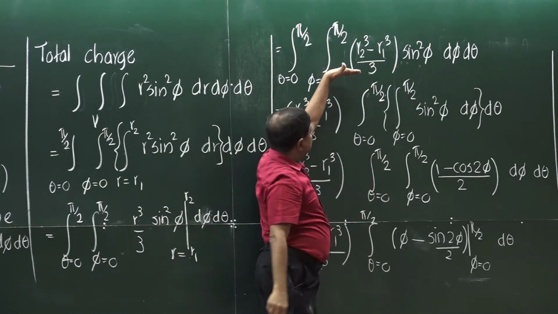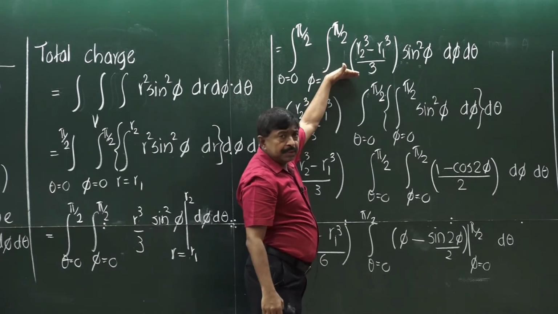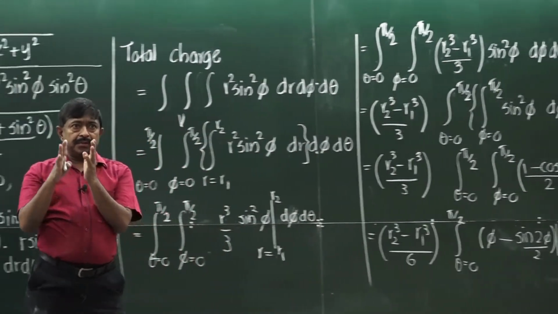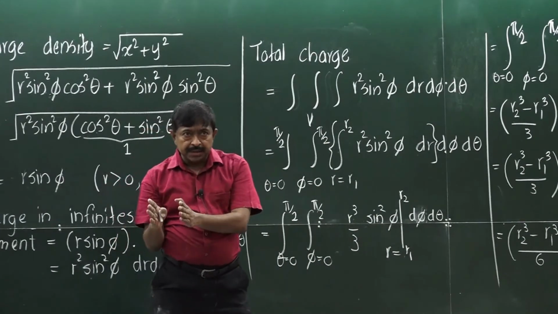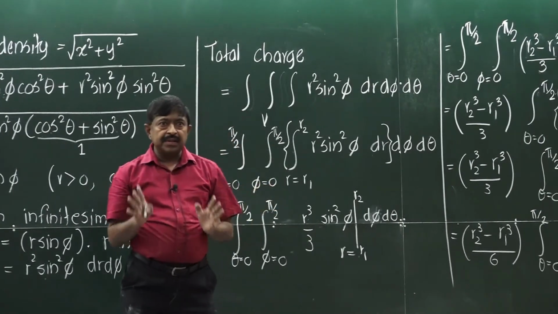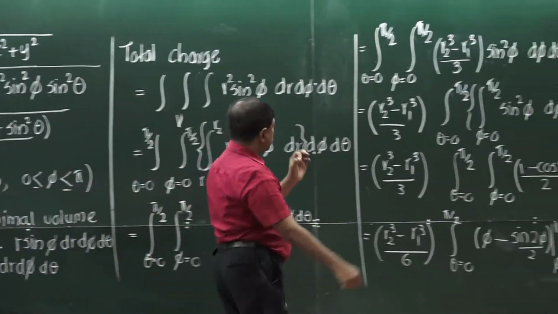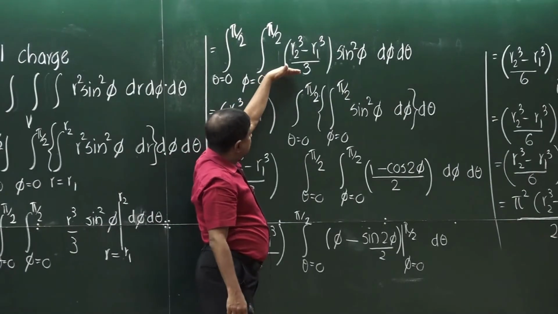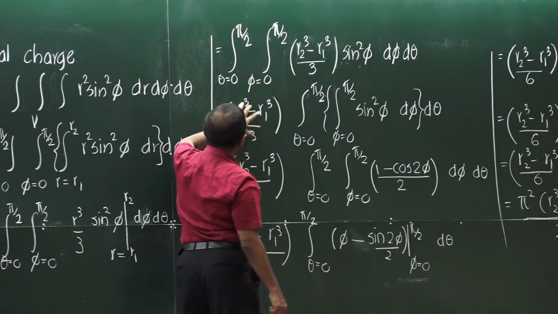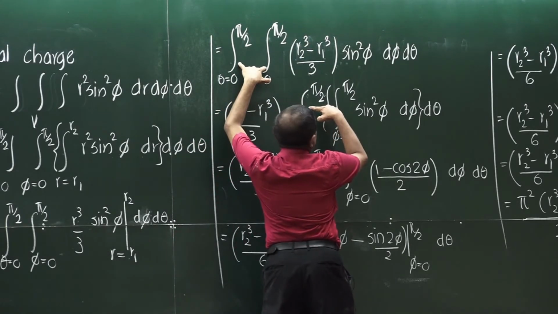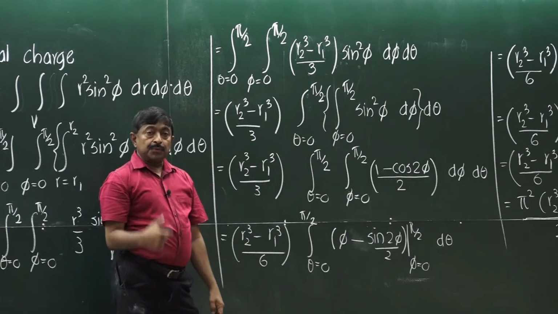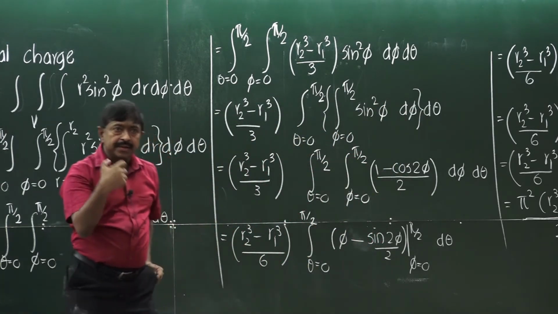Now, once we come up with this line, we have already simplified a triple integral into a double integral. Now, our life is a little easier from this point onwards. Now, you pull this out, you keep these two, right. Now, the variable of integration is phi. Sin squared phi cannot be integrated directly.